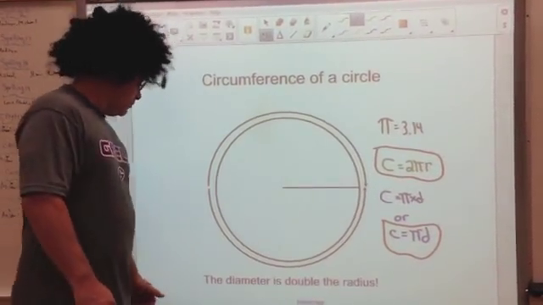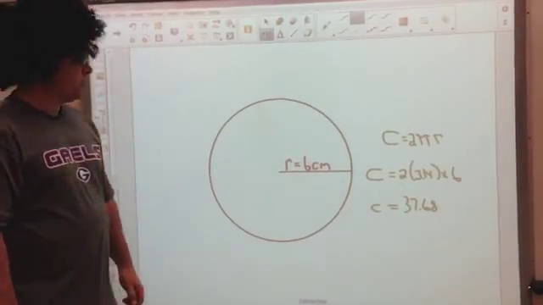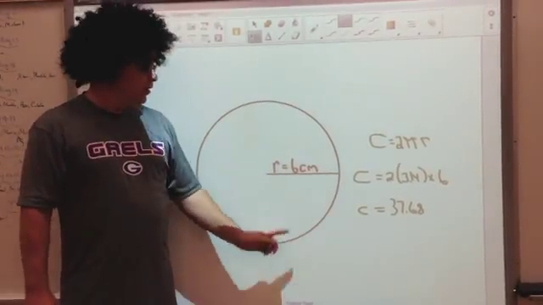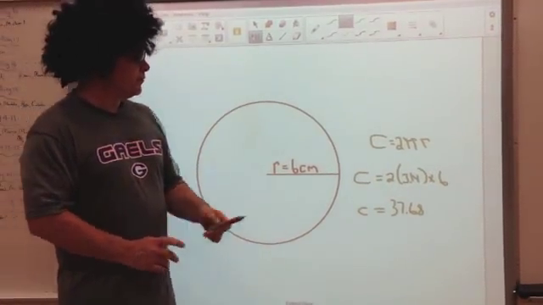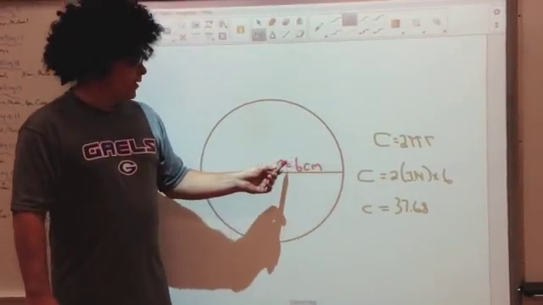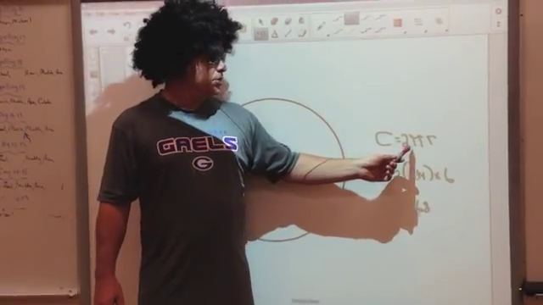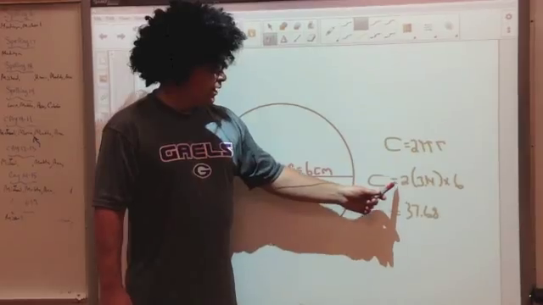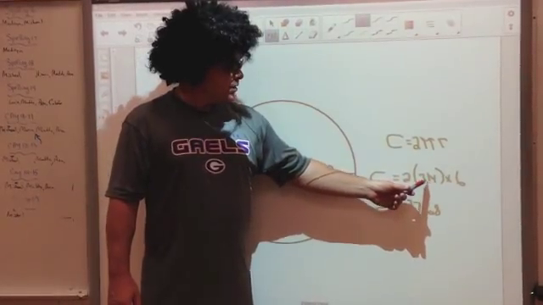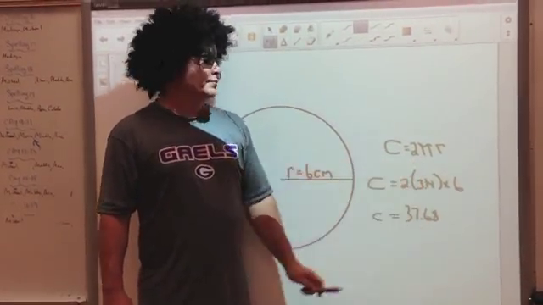So I will now show you how to calculate that. Here we have a circle with a radius of 6 centimeters, and you're asked to find the circumference. In this case, because we have the radius, we're going to use the 2 times pi times r formula. So we keep the 2 there. We substitute in 3.14 for pi.